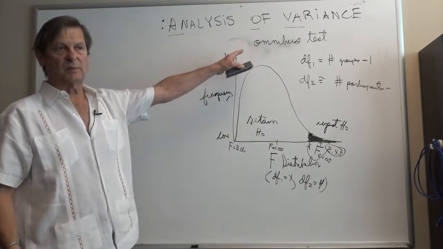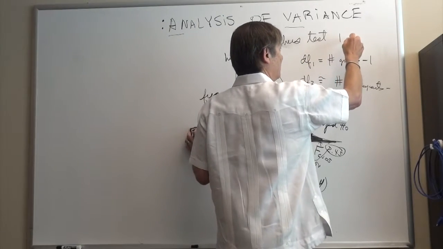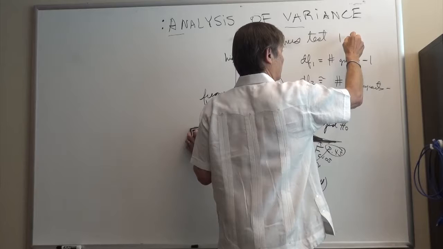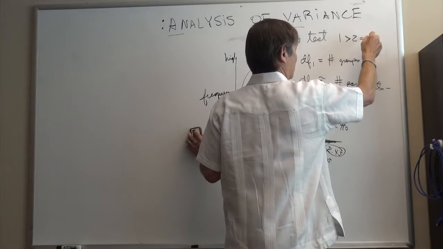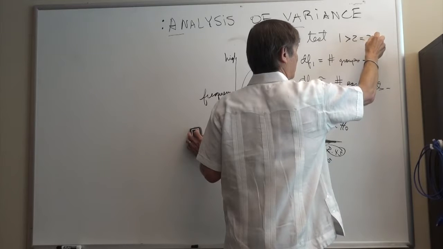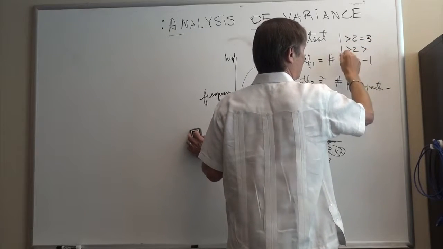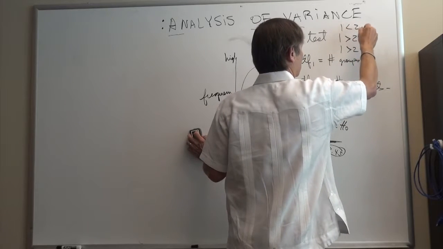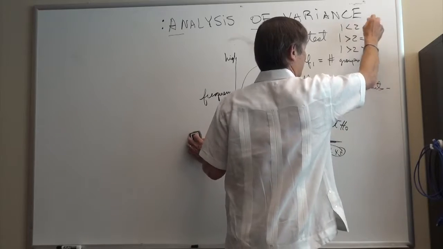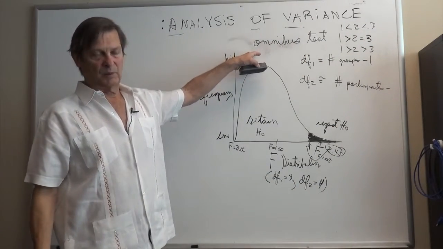But because it's an omnibus test, we don't know whether group 1's mean is greater than group 2, but group 2 is approximately equal to group 3. We don't know if the mean for 1 is greater than 2, greater than 3. We don't know if 1 is less than 2, less than 3. There are all these possibilities. So that's why it's called an omnibus test.